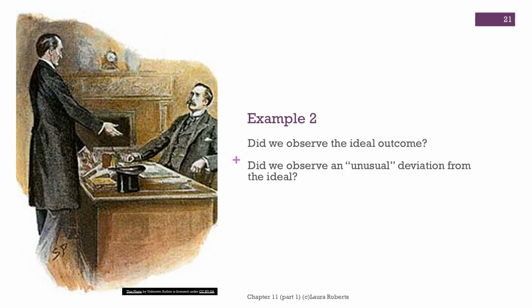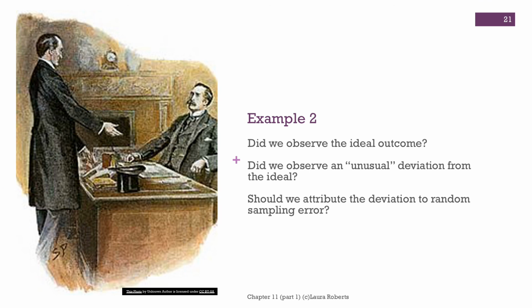Recall in a prior slide I said that the standard for an unusual deviation from the ideal is an event that is likely to occur less than 5% of the time. An event with a probability of 0.000064 occurs less than 0.0064% of the time. This event clearly falls in the group of events that occur less than 5% of the time.